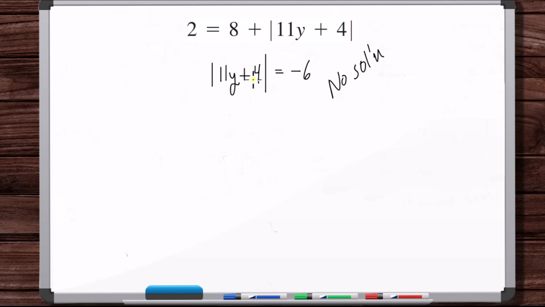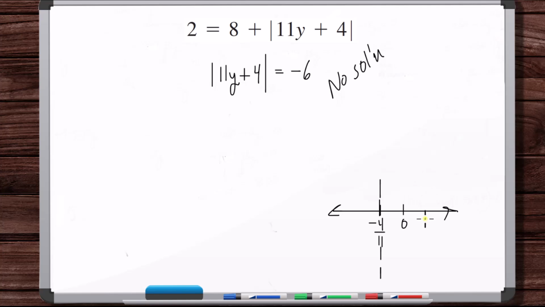It's very explicit. But in general, for more complicated absolute value equations, there could be no solution, but it won't be as obvious. In that case, just go ahead and solve it like normal. So we can go ahead and do that here as an example. We've got the crossover point, let's see, -4/11. That's when this is equal to 0.